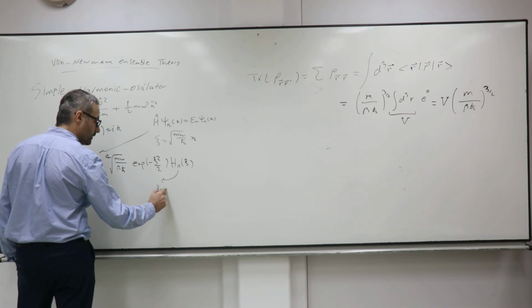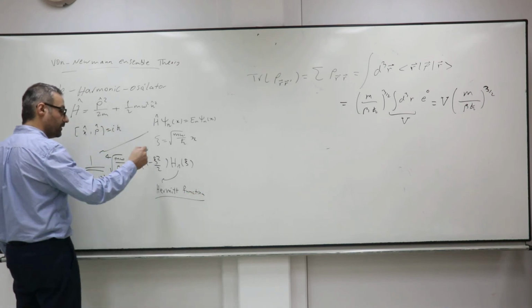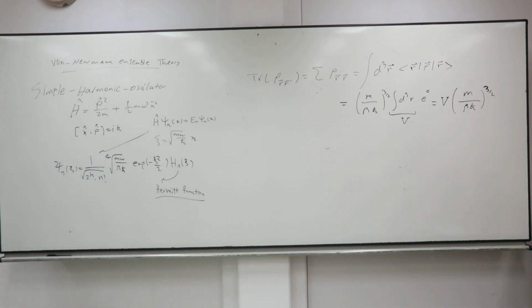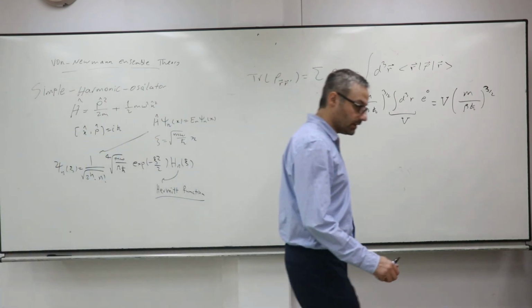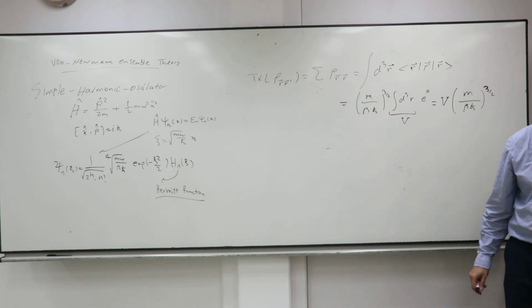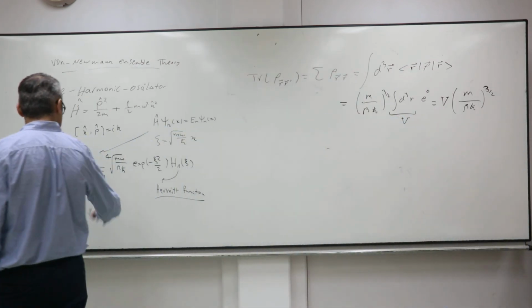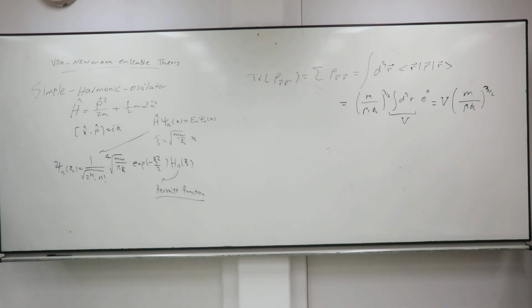This is called the Hermite function. It is one of the special functions of mathematical physics. This is the form of the normalized wave function of the harmonic oscillator. So it is very difficult to work with this function, so I never do the calculation for the harmonic oscillator with this Hermite function.